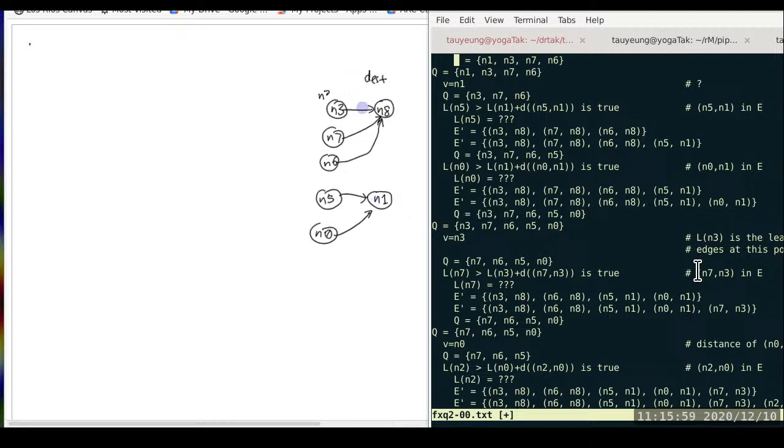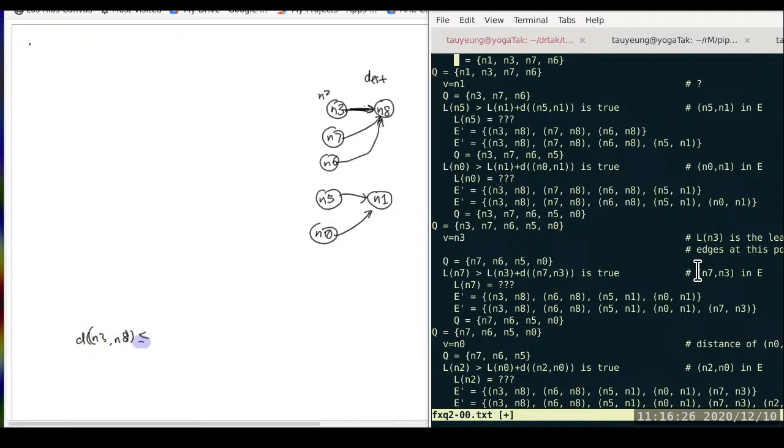So we know this edge. This particular edge here has the smallest cost amongst these other edges already explored. So we can say d of n3 n8 is less than the other edges.